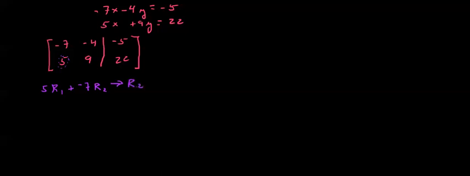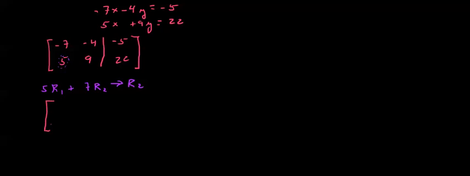This is exactly what we did in elimination, when we multiplied the top equation by 5, the bottom equation by 7, and that should be a positive because I'm adding. It should not be a negative. So when we took the top equation by 5, bottom by 7, added them together, we got 0. That's all we're doing. Nothing new.